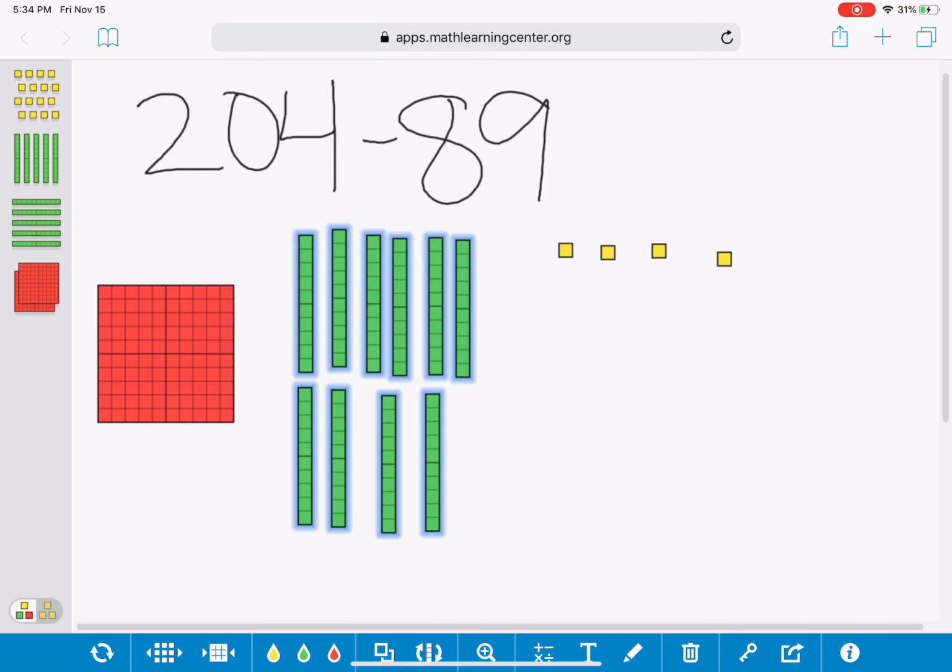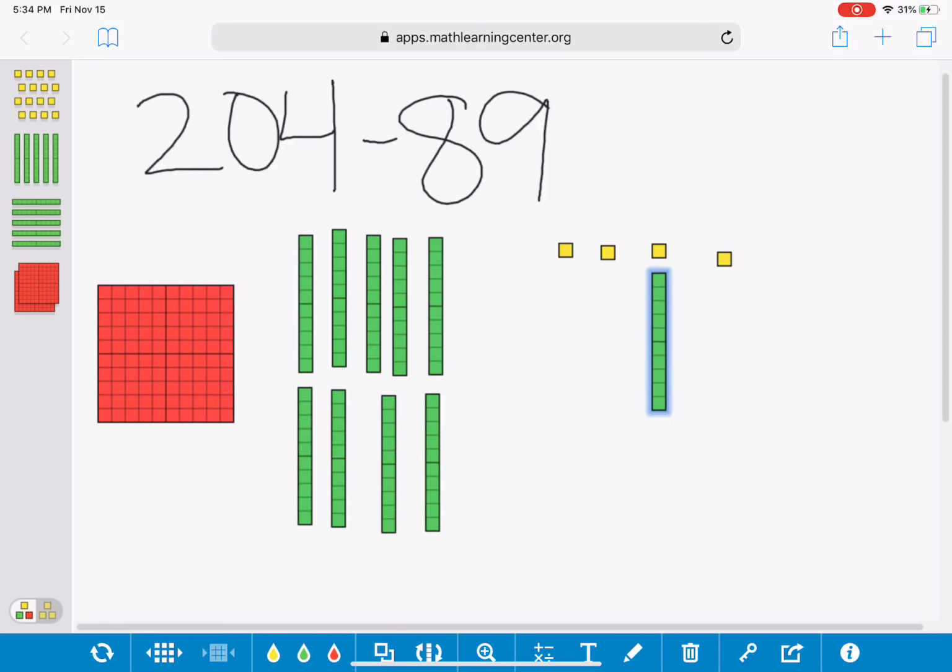However, the student would realize that they have not yet taken care of the ones place. So in order to give 1 rod to the ones place, in order to start solving the problem, they would have to break this rod into 10 bits, which again they would know is proportional. 1 rod is proportional to 10 bits.